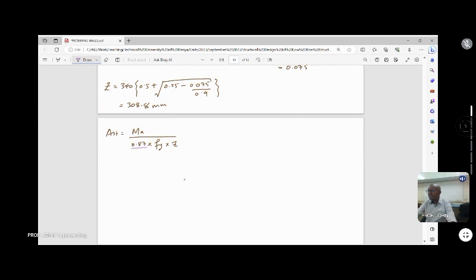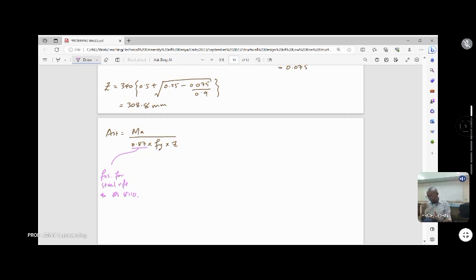Now, this is a factor of safety for steel reinforcement to BS 8110, the older one, not the very last one before the Eurocode. So I think this is the BS 8110 of maybe 1985 or something.